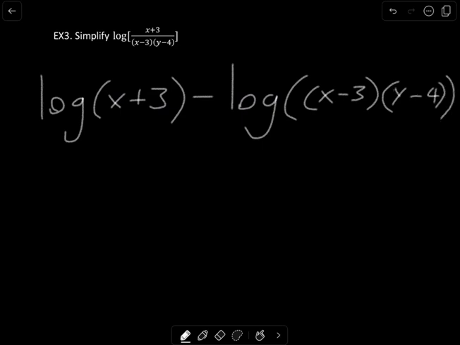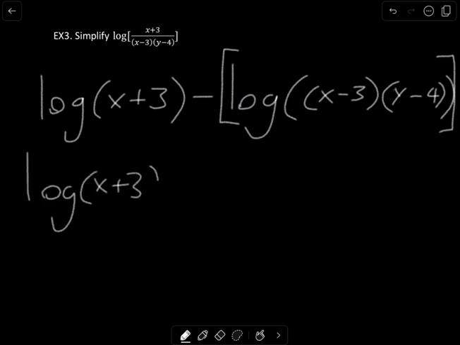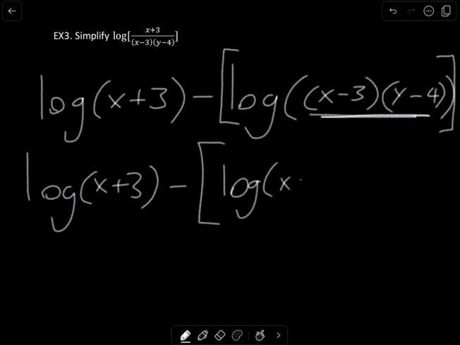There we go. Now what I'm going to do is something extremely important. I'm going to put a bracket around this second log term. And it's going to become log of x plus 3, that remains unchanged, minus, and now in the argument of this log we have multiplication. So we're going to split that up using the log laws and it will become addition. So it will become log of x minus 3 plus log of y minus 4, close the square bracket.